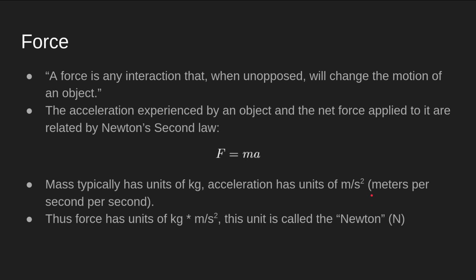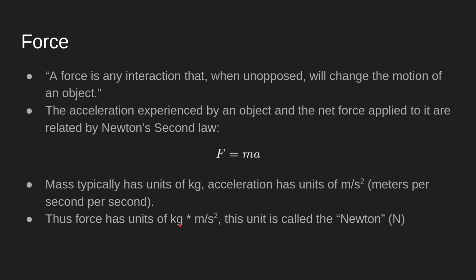It means meters per second, right? Acceleration is telling you how the velocity is changing. Velocity is meters per second. So it's meters per second over time, so meters per second squared. And thus, the force has units of kilograms times meters per second squared. This unit is called the Newton, in honor of Sir Isaac Newton.